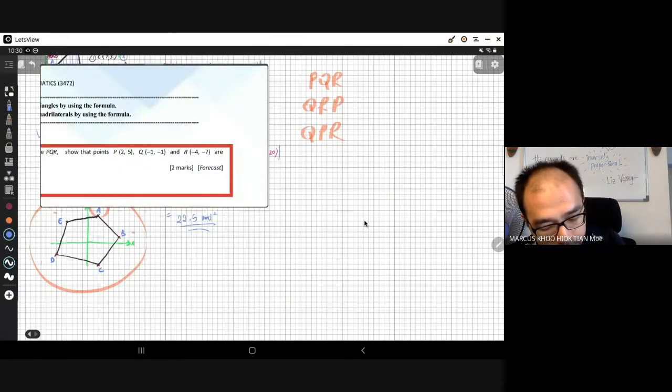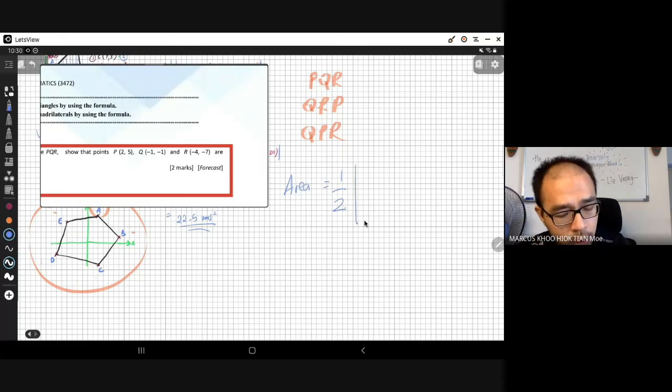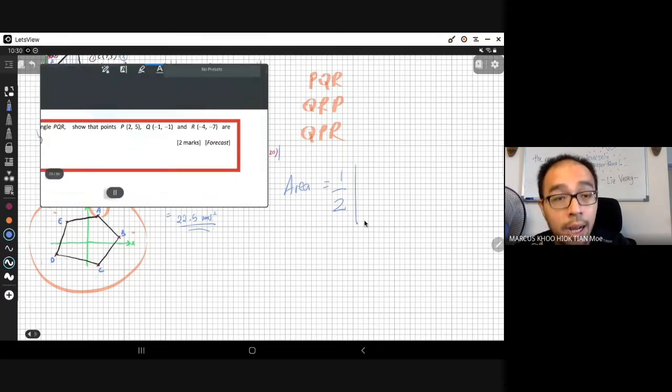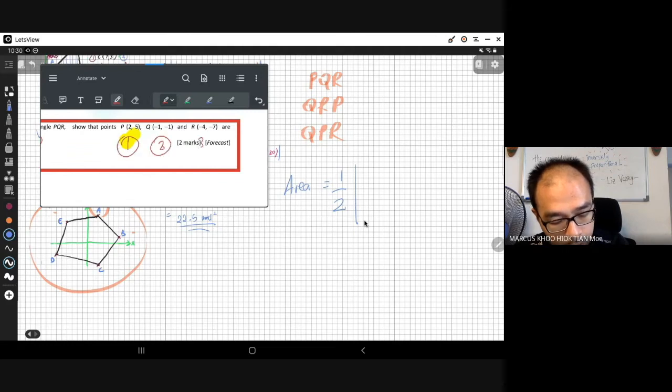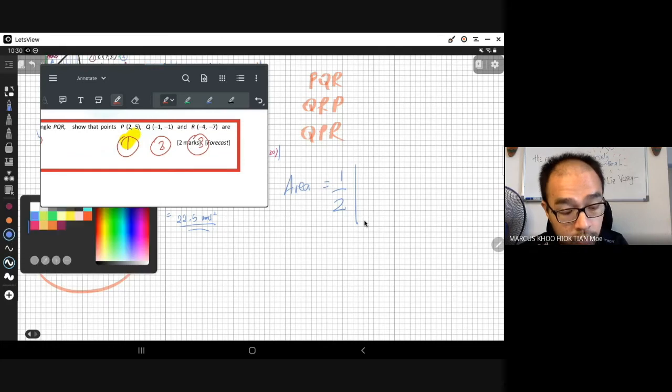So the area is equal to 1 over 2. Now, let's rearrange it all together. I'm just going to use P, Q, and R. P is the first, Q is the second, the third one is R. I just arrange it as I like because I don't have a diagram.